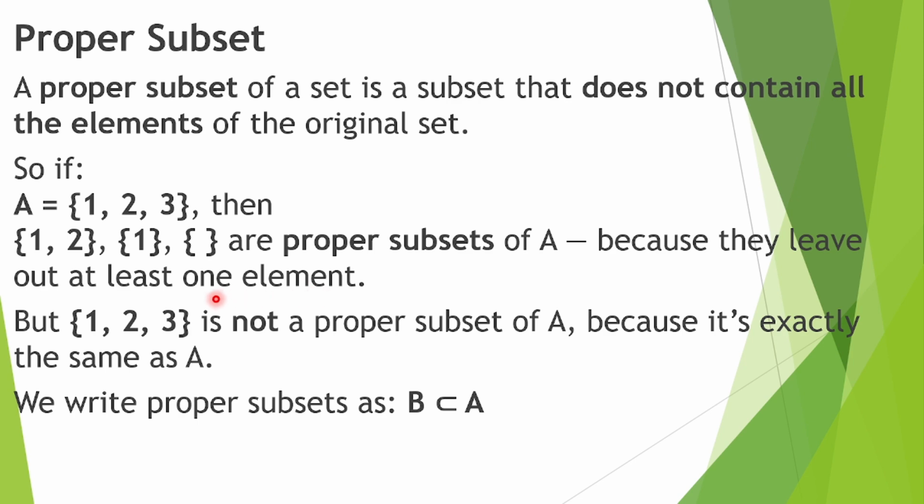But {1, 2, 3} is not a proper subset of A because it is exactly the same as A. So this type of set is called an improper subset, which we will study in the following slides. We write a proper subset as B is a proper subset of A.